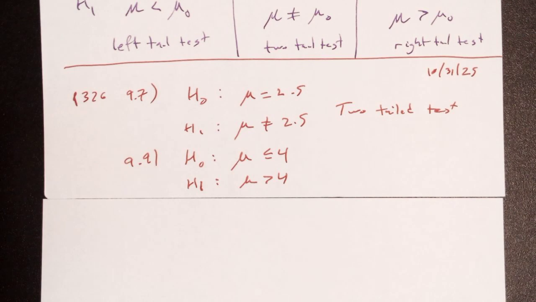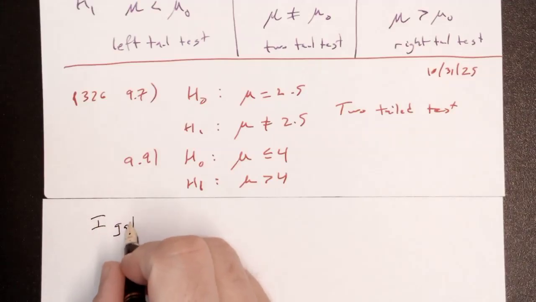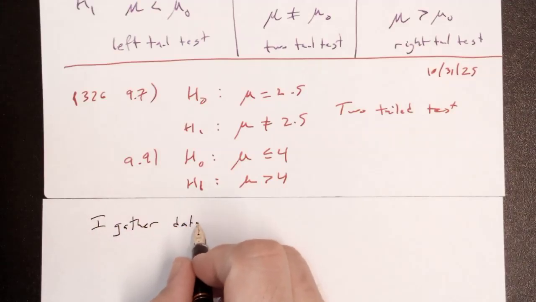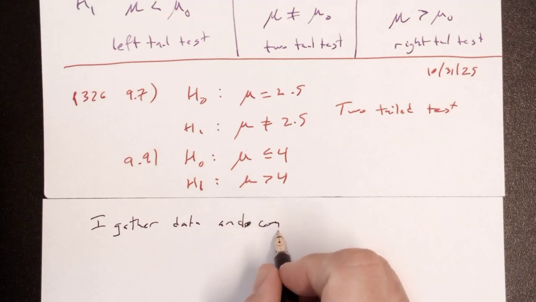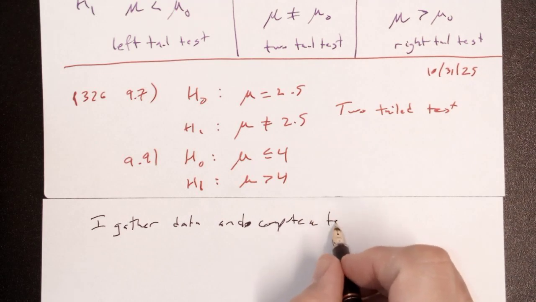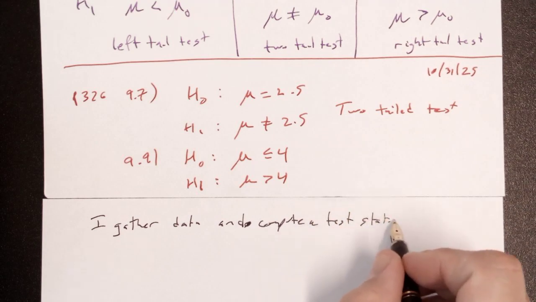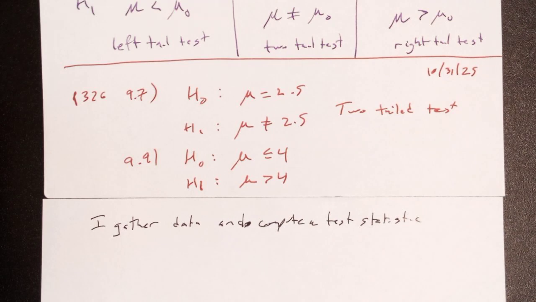So I go out and I take my sample. In this case, since I'm looking for information about an average, my test statistic should be based on my sample average.